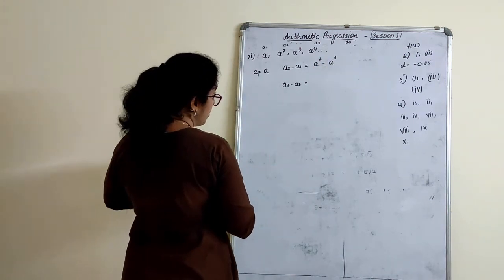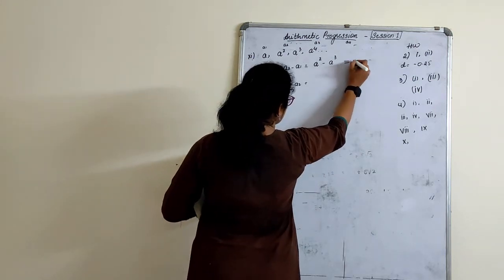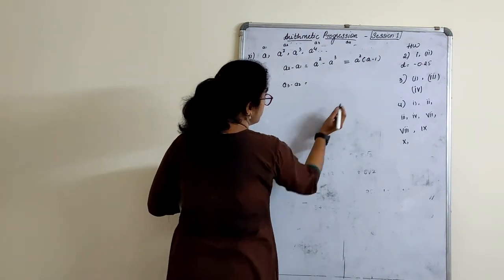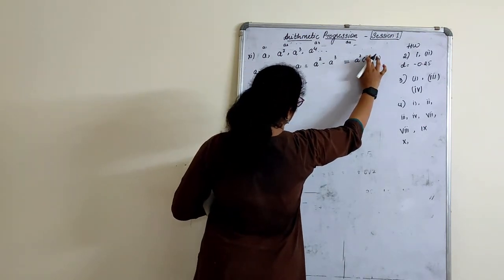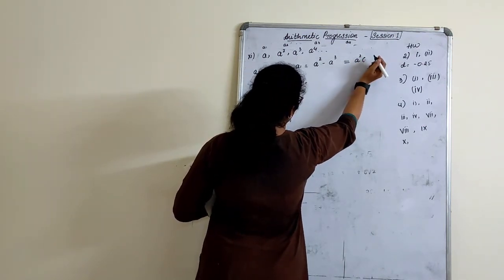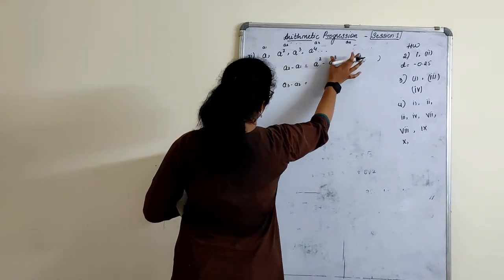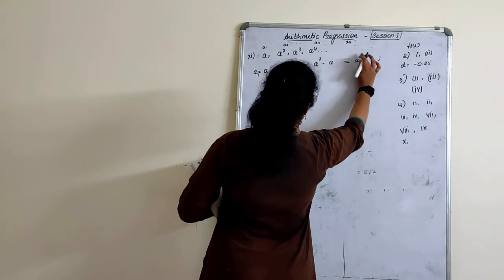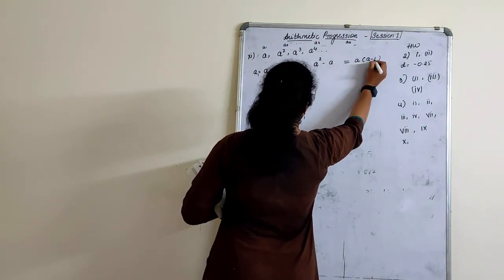Why? Even if you take a common here, a square minus a will come. So if I take a common, a minus 1.